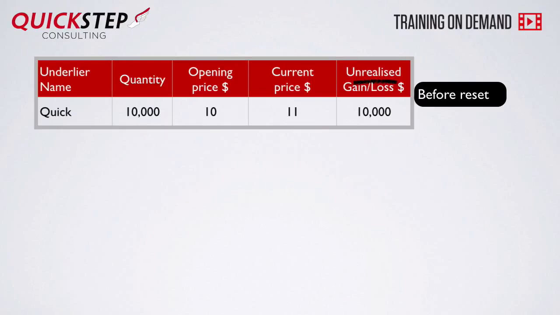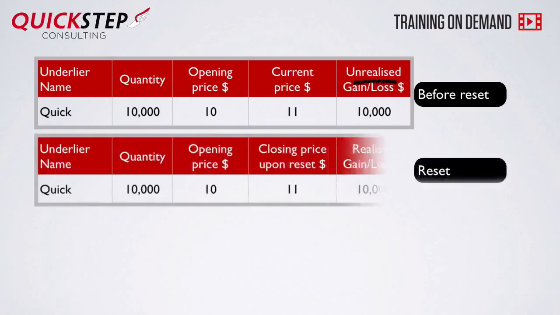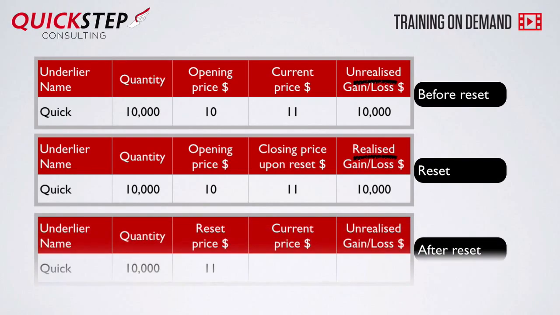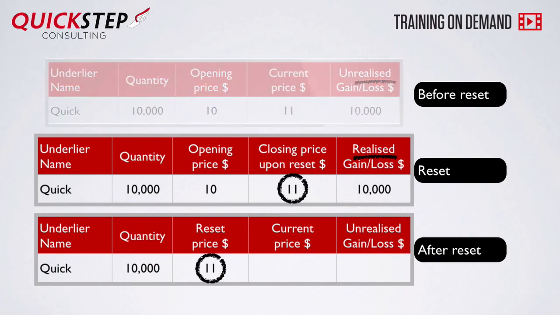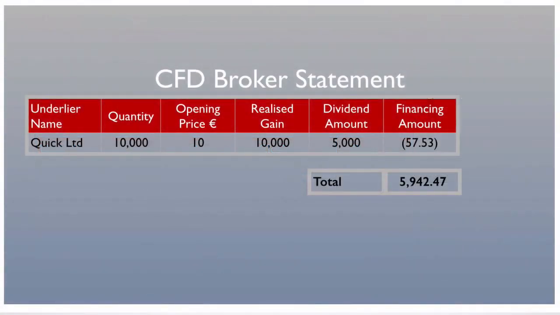At this point, the position is reset. This means that, even though no trade is done, the broker closes the position at €11 and reopens the position at the same price. This has the effect of realising the gain and interest expense, and if there was a dividend accrual, that would also be realised.